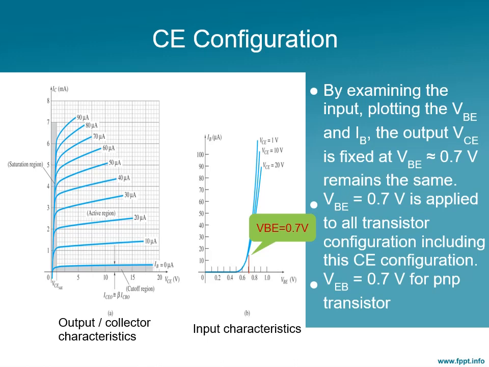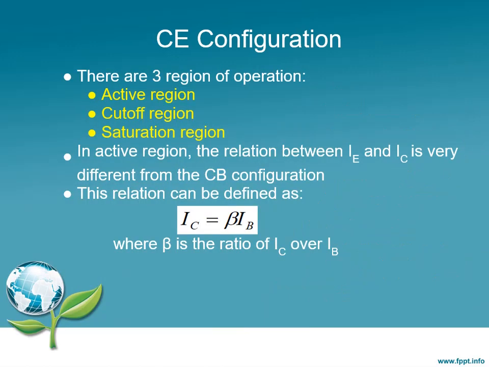VBE equal to 0.7 is applied to all transistor configurations, including the CE configuration. And for the PNP, VBE is equal to negative 0.7, or VEB is equal to 0.7.